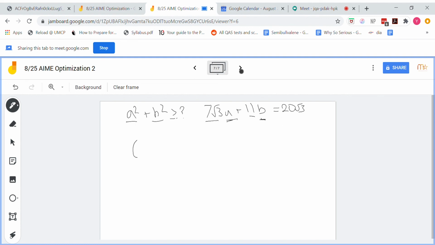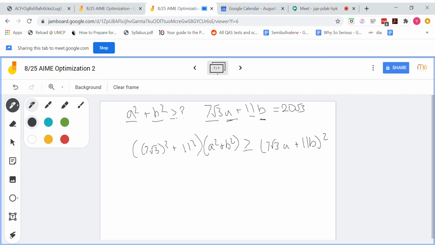So now if we use Cauchy-Schwarz, we have (7 root 3) squared plus 11 squared times A squared plus B squared must be at least (7 root 3 A plus 11 B) whole squared, right?